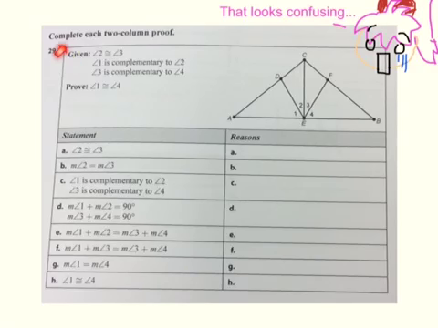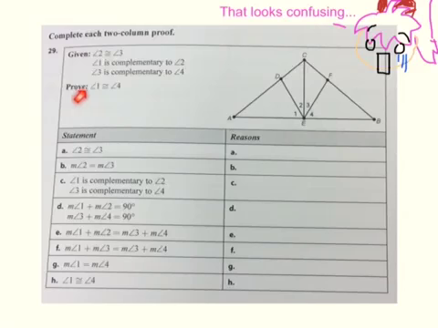Okay, and so we are on to the second problem, which wants us to complete the 2-column proof. It gives us information in this section, which is the given, which is angle 2 is congruent to angle 3, angle 1 is complementary to angle 2, which means that they make up a 90-degree angle, and angle 3 is complementary to angle 4, which means they make a right angle here.